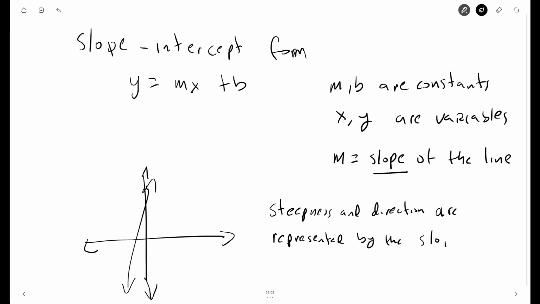Sometimes it's called m. And then the point where the line touches the vertical axis, so this would be y and this is x, is called the y-intercept.